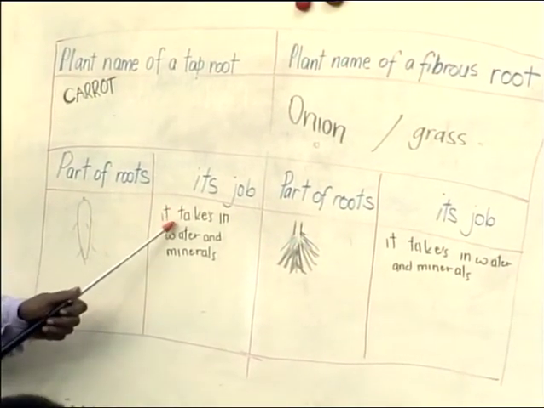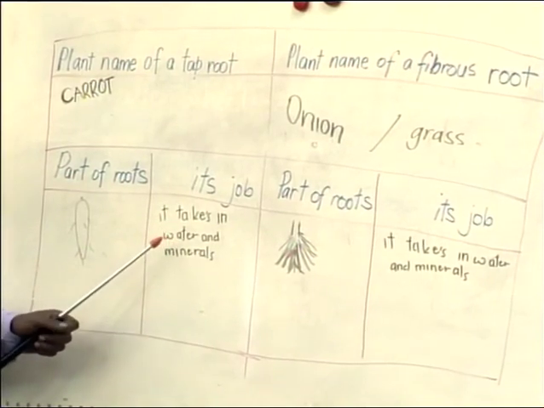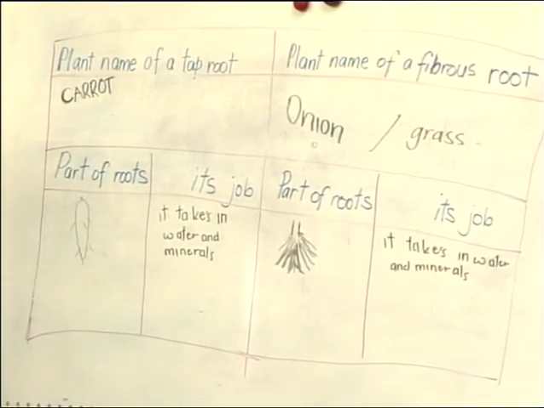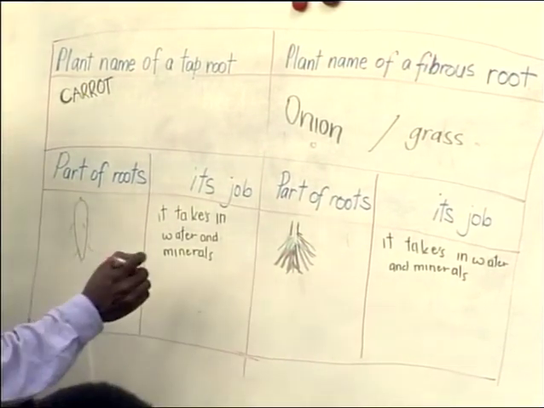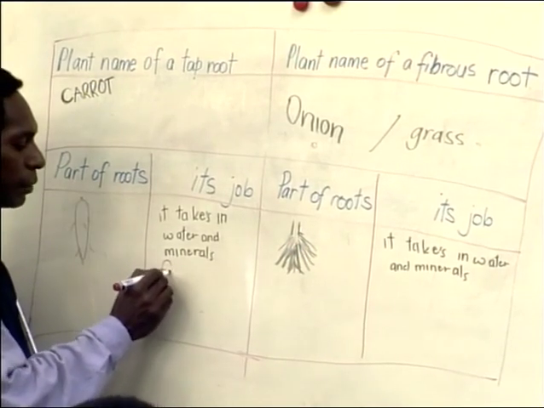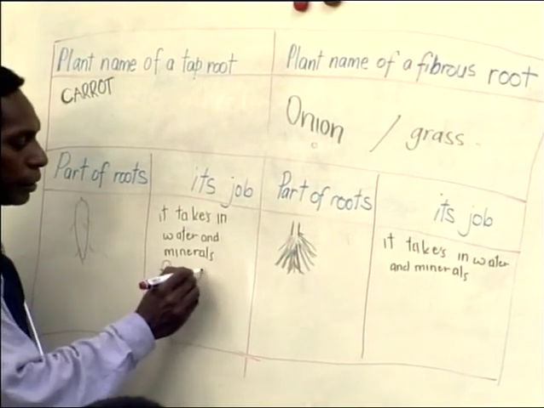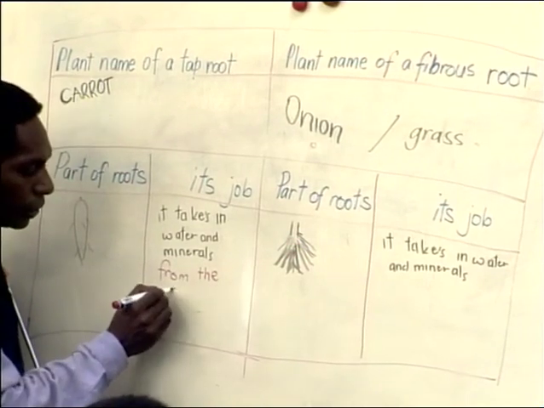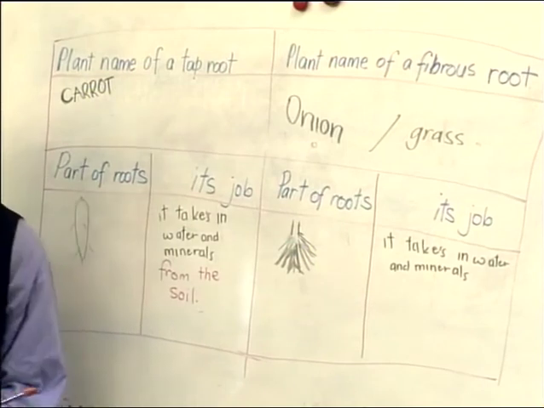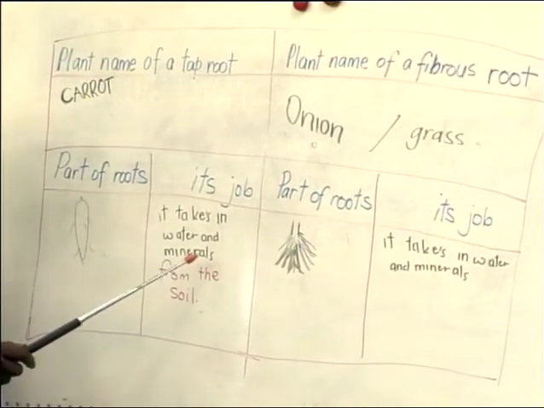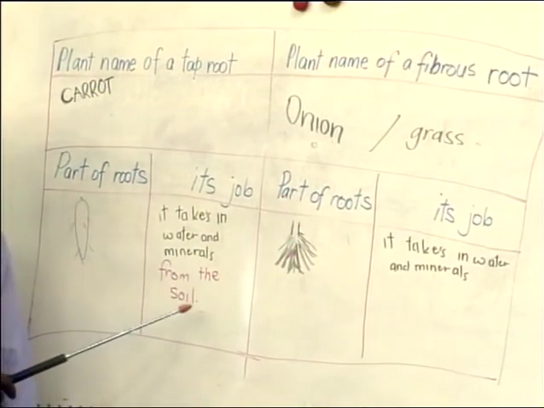Its job is it takes in water and minerals from the, receiving students and class, from where? From the soil. Okay, so it takes in water and minerals from the soil.